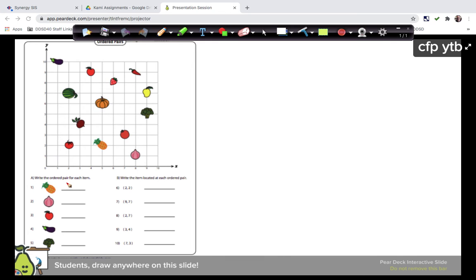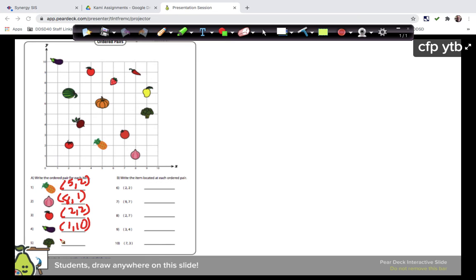Okay, so the pineapple is 5.2. The onion is at 8.1. The apple is at 2.2. The eggplant is at 1.10. And is that broccoli? I think it is.